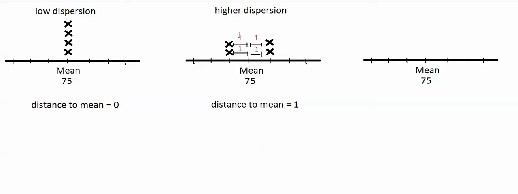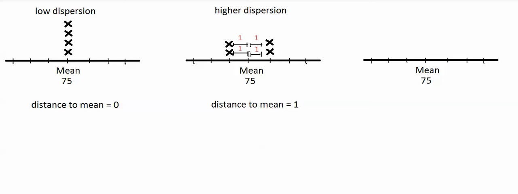This 1 right here is saying that this value is 1 away from the mean of 75. This person got a 74, and they're 1 away from the mean. This 1 right here is saying that this person who got a 74 is 1 away from the mean. This 1 right here is saying that this person who got a 76 is 1 away from the mean. And this 1 right here is saying that this fourth person who got a score of 76 is also 1 away from the mean.